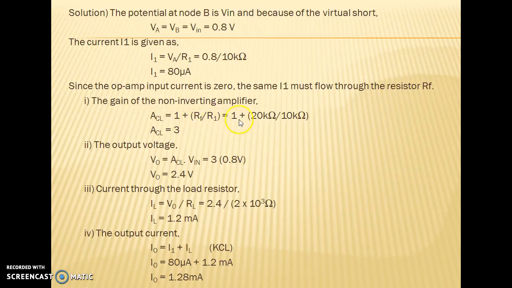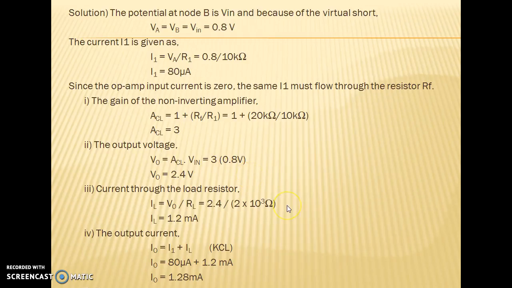So that is 1 + 20/10 kilo ohms. So closed loop gain appears to be 3. The output voltage is derived from the closed loop gain itself, as the closed loop gain is the ratio of Vout to Vin. So Vout will be the closed loop gain times Vinput. So 3 times 0.8 volts, that is 2.4 volts.